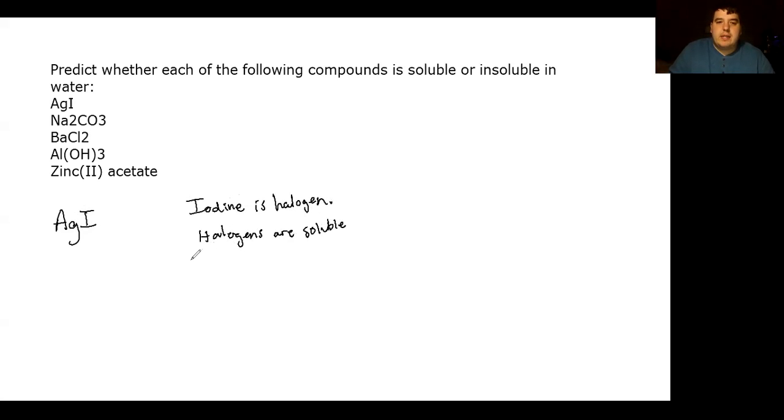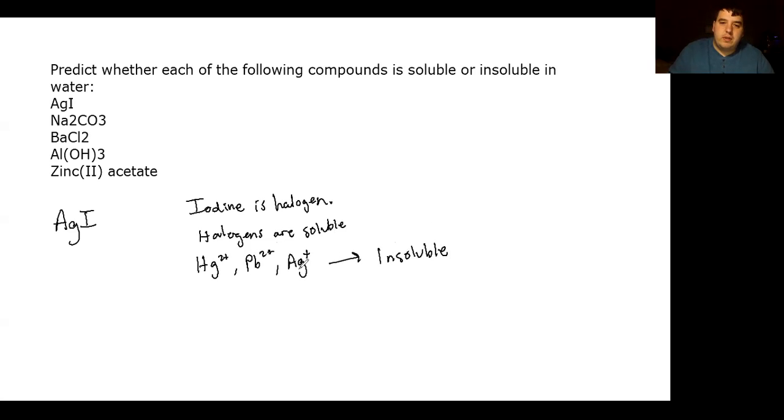If a halogen is combined in a compound with either mercury, lead, or silver, it automatically makes them insoluble.